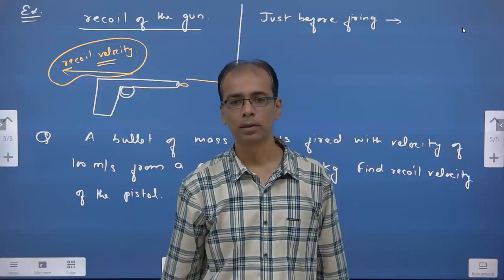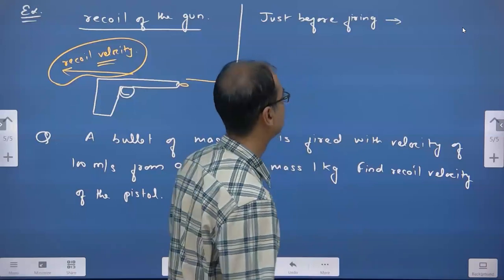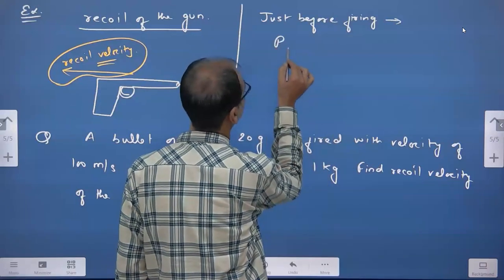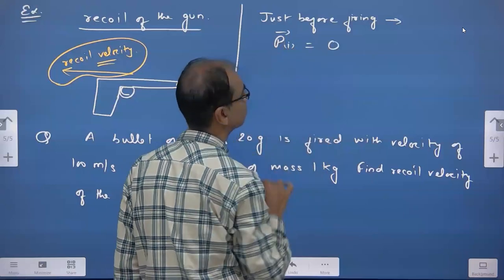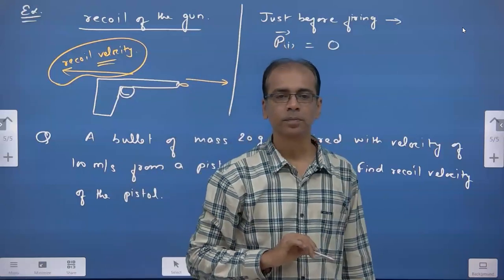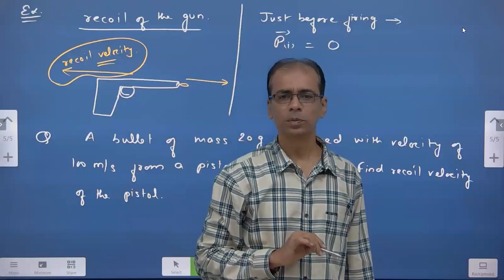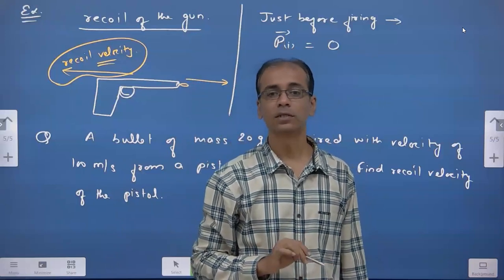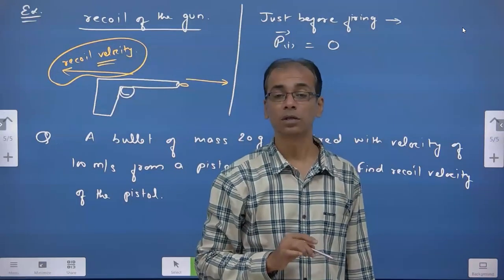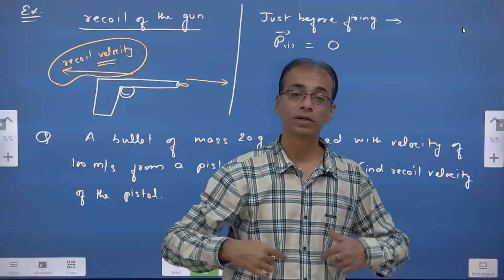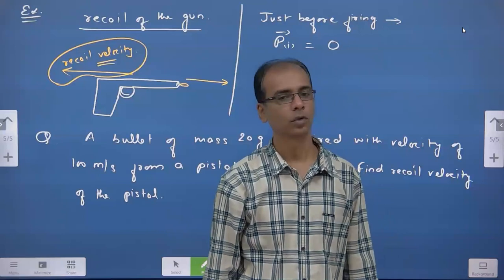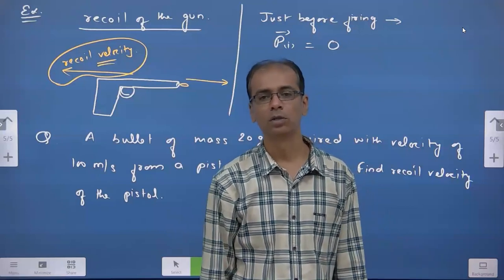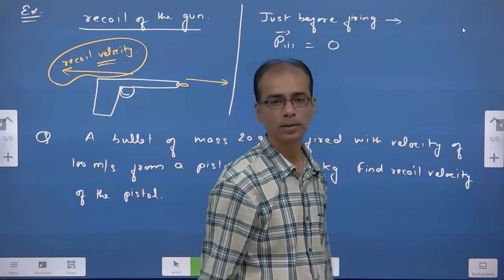So momentum initial is 0. Perfect. Any external forces involved in this process? No. Acceleration of center of mass? 0. That means momentum after firing also will be 0, because there is no external force involved. So momentum remains constant.